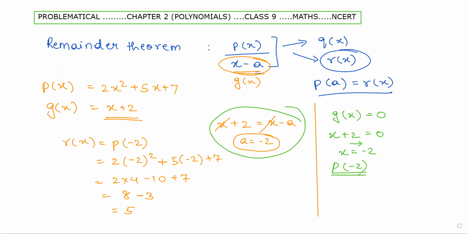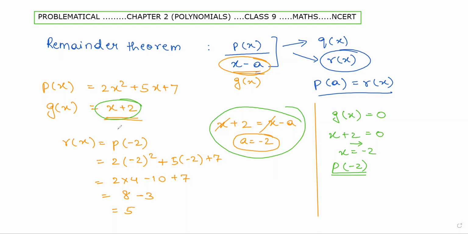You still have to calculate the same value. So either you can compare your given g of x with x minus a, or you can equate g of x with 0. Either way, you will get p of minus 2, the value which you have to substitute in place of x to get the remainder of that particular division.